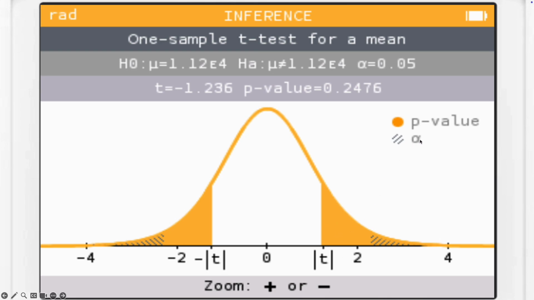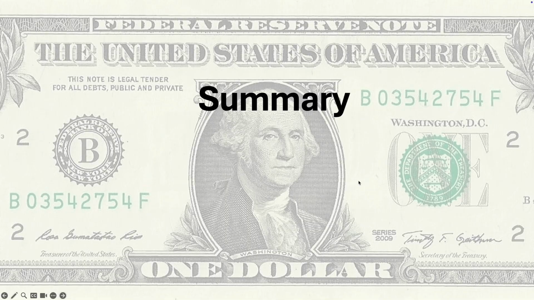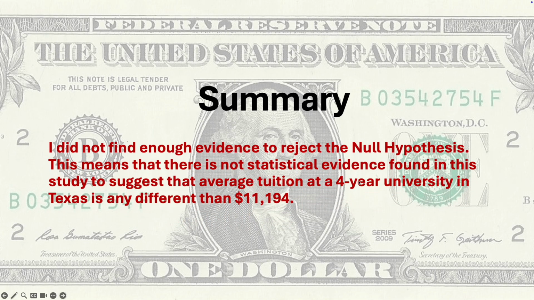And you can see the p-value is the yellow, and then this gray shaded area is the alpha level, or my t-critical value. Okay, so you can see that for multiple reasons, based on the picture, based on the p-value, based on the t-statistic, okay, I did not find enough evidence to reject the null hypothesis.